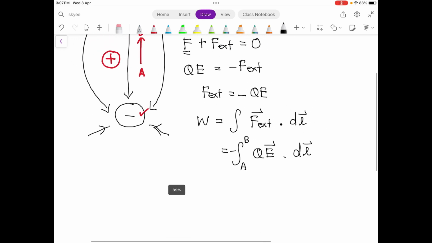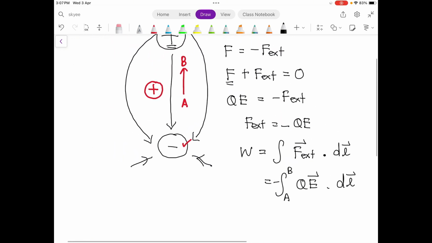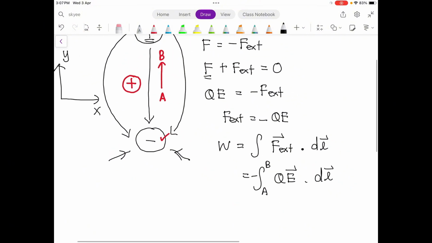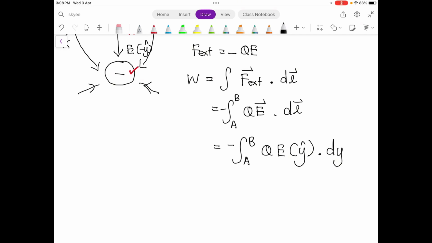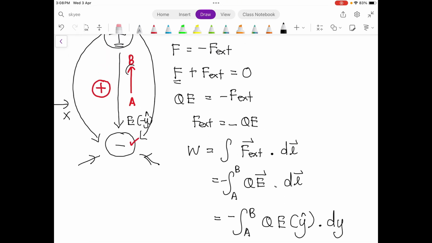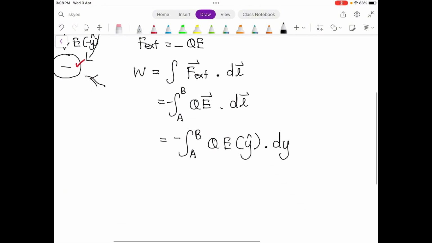Maybe I will give it a direction first: over here is the X direction, and over here is the Y direction. At this position our electric field will be in the negative Y direction, since this is positive Y. If we put the directions into it, the length depends on the Y axis, moving in the Y direction.